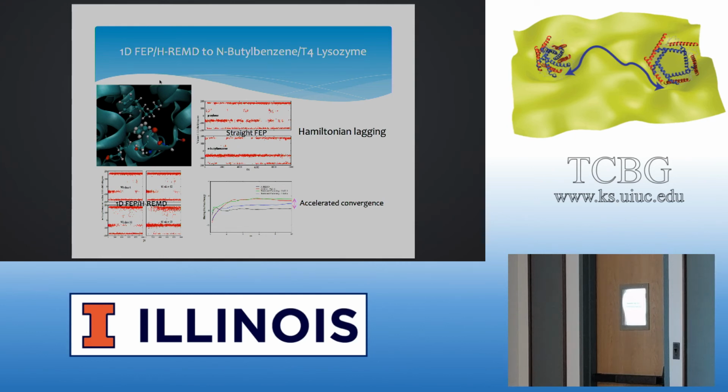The PXylene series exhibits very, very slow relaxation, this is 10 nanoseconds. So, of course, Hamiltonian lagging is a frustrating problem. Now, we applied our 1D FEP REST2 method to butylbenzene.